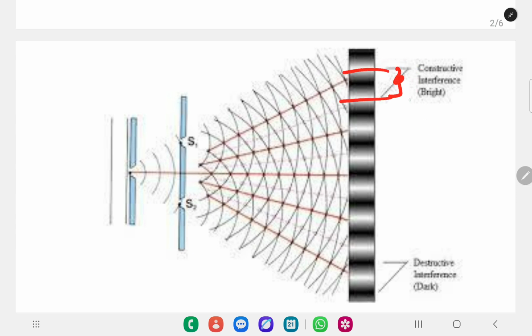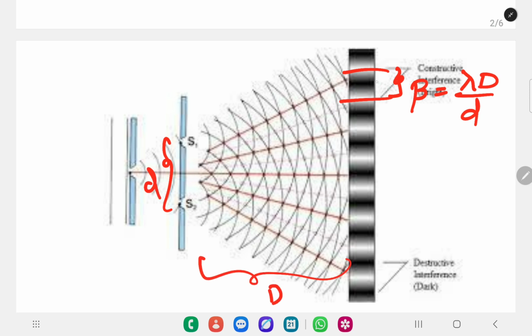Between two dark fringes also beta is equal to lambda D by d. Whether it is the distance between two bright fringes or two dark fringes, the width is the same.